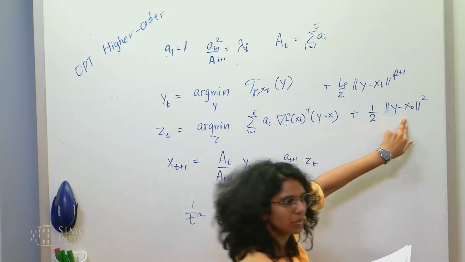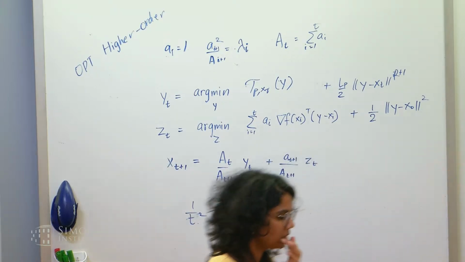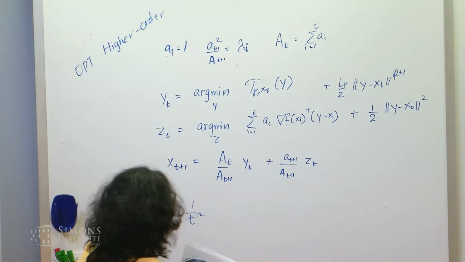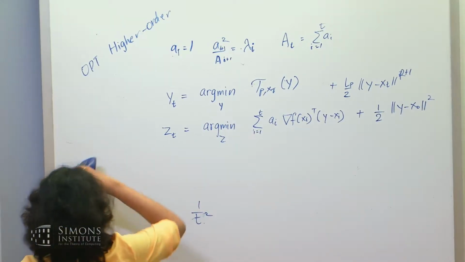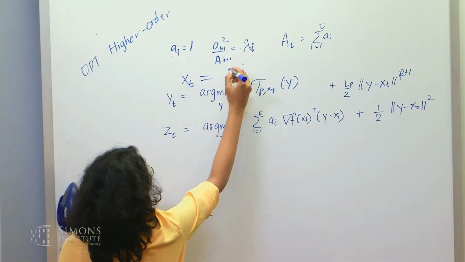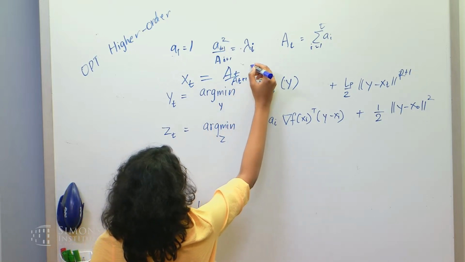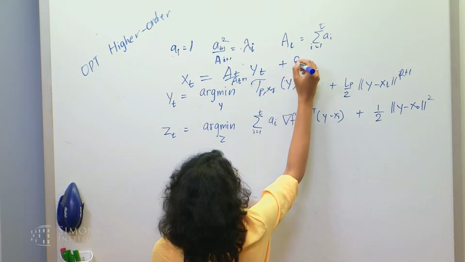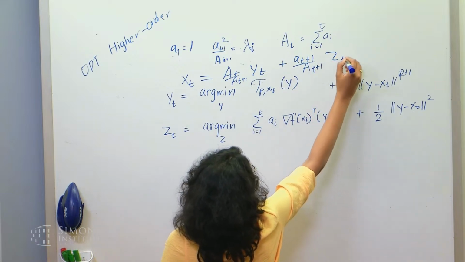So now the regularization is basically still a squared instead of p plus 1, and the trick that comes now is, so the first thing I'm going to do is move this up here. So x_p is, okay.